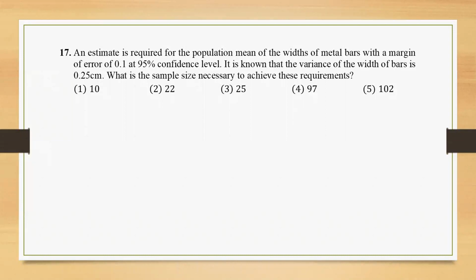Then what is the sample size necessary to achieve these requirements? So you need to calculate the sample size, n, necessary to achieve the above requirements. So it is a popular question, right?